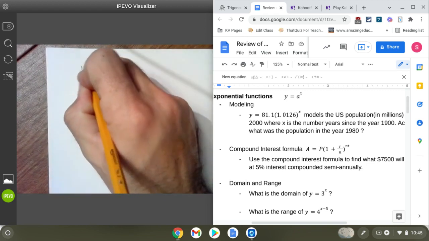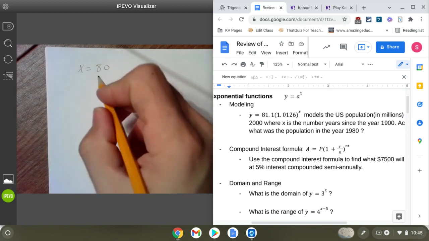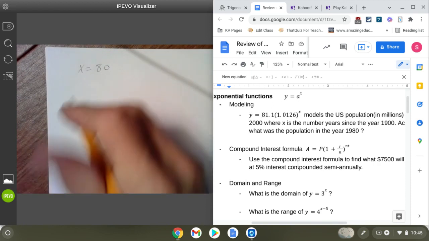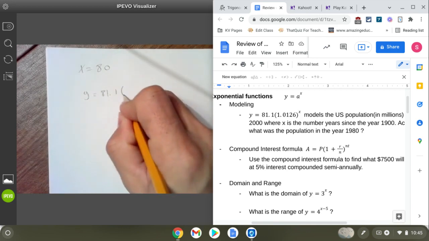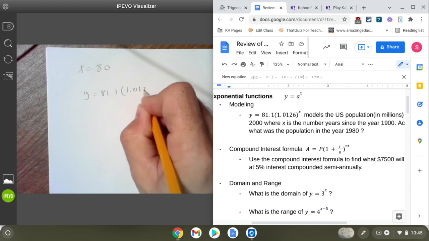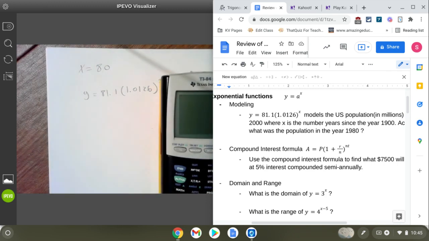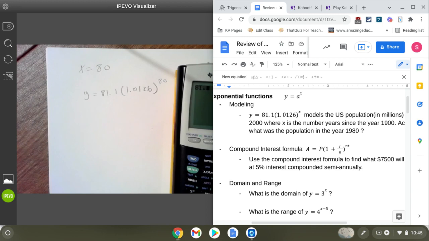So this means that x is equal to 80, because x was the number of years since 1900. All I'm going to do is take 80 and plug it in for x right here. So y equals 81.1 times 1.0126 to the 80th power, and this is going to tell me the U.S. population in the year 1980.